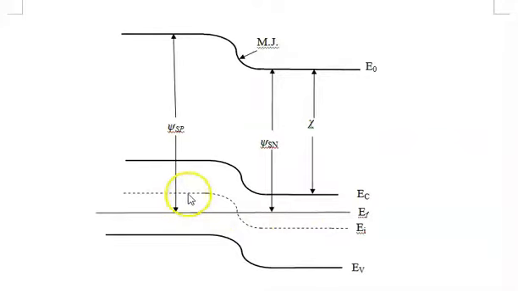This distance from here to here is approximately the same as the distance from here to here. So if this, for example, is 0.3 eV, 10 to the 15th doping, the doping on the right side, then on the left side, the acceptor doping would also be about 10 to the 15th acceptors.